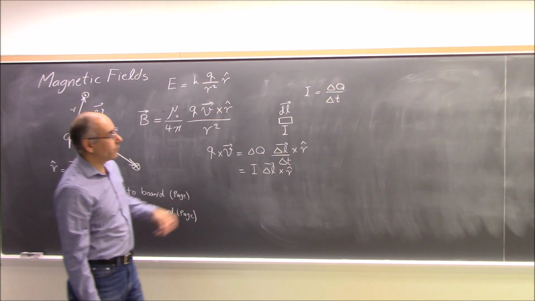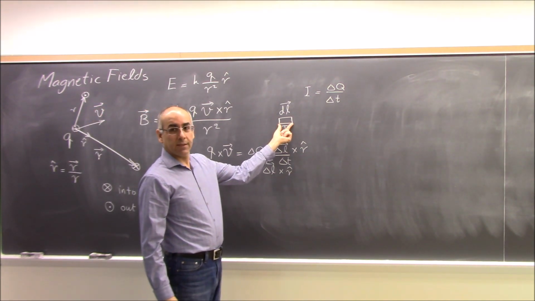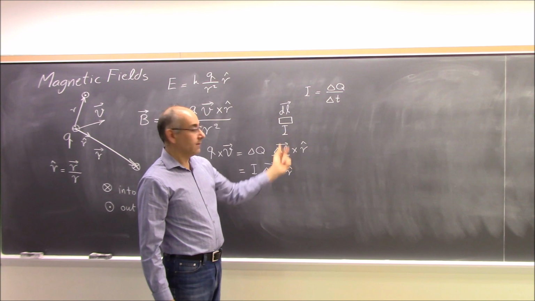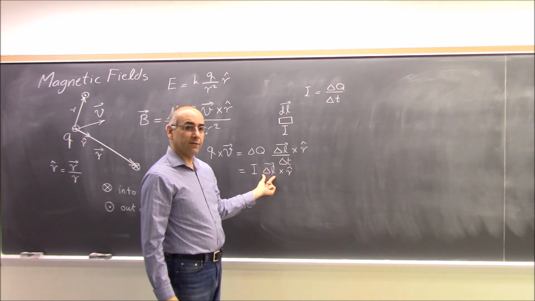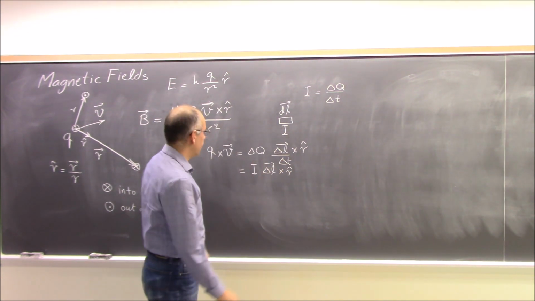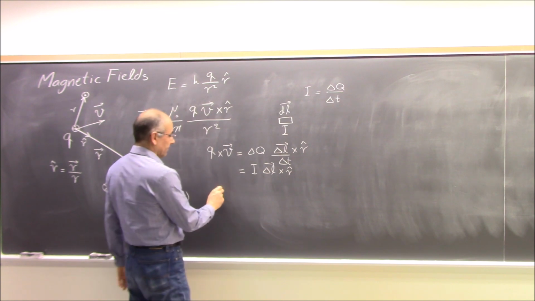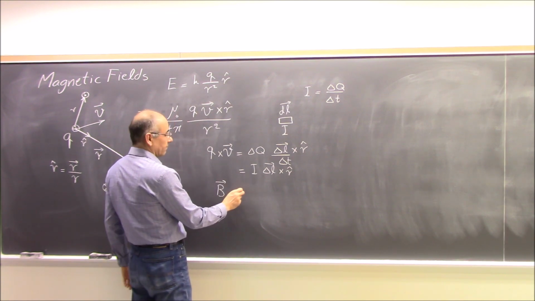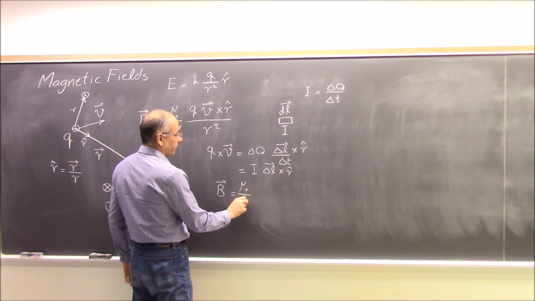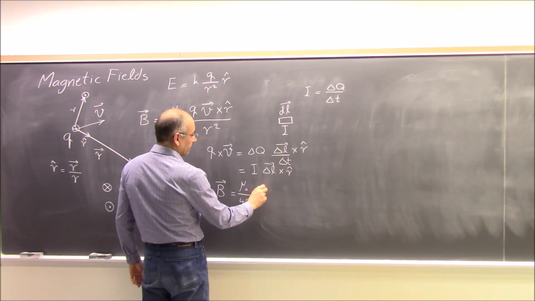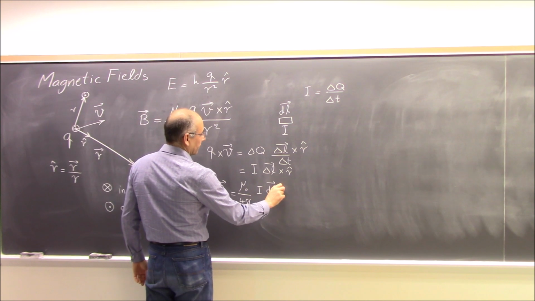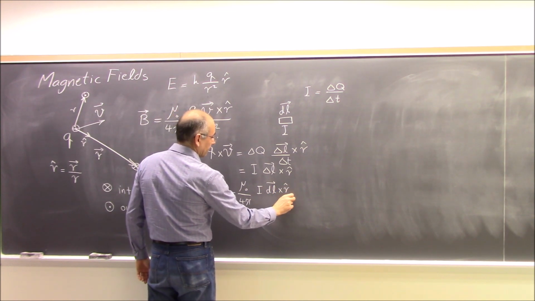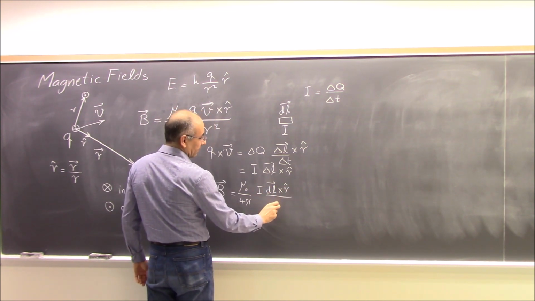So for a small piece of wire that has current I in it, with length delta L or dL, we can say the magnetic field created by that is mu naught over 4 pi, I dL cross R hat, divided by R squared.